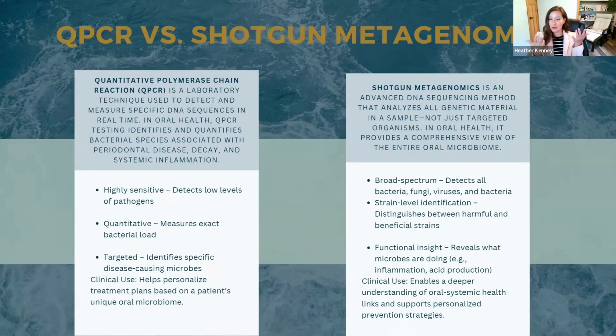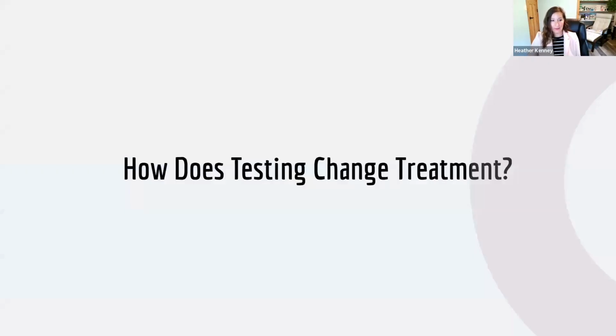That's the difference between the two types of tests on the market. I obviously love bristle because we're looking at everything. And honestly, working with functional medicine doctors, it's way beyond just the red complex bacteria. So much of the time, I get this question: why do I need a test?